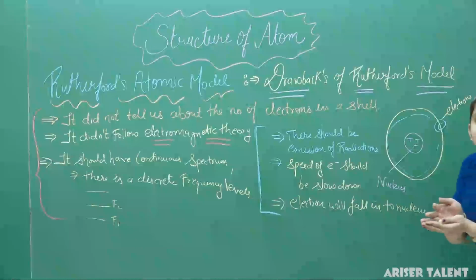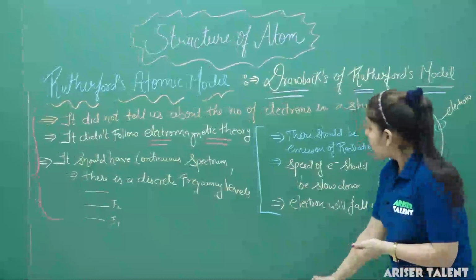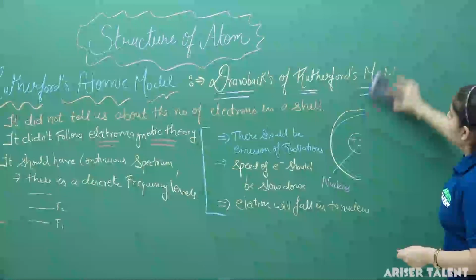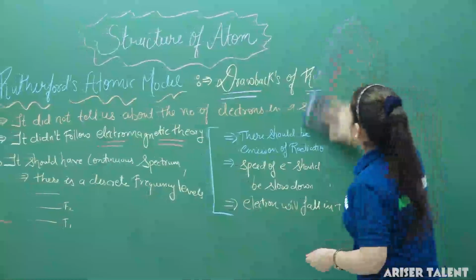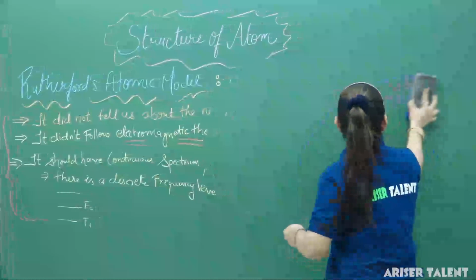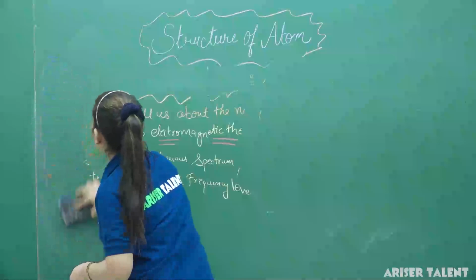If someone wants to copy it, please copy it now. After three models, we are on our last model in the structure of the atom, that is Bohr's atomic model.